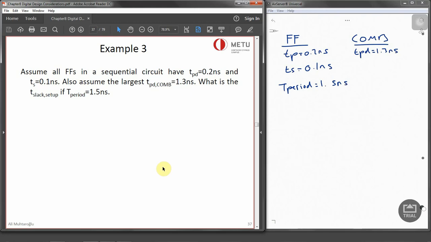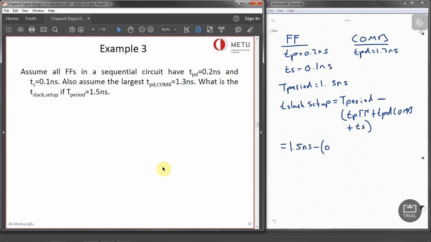Now, when we consider T slack setup, we need to have T period minus TPD of the flip-flop plus TPD of the combinational logic plus T setup of the second flip-flop. So now we can say that 1.5 is our period minus TPD of the flip-flop, which is 0.2 nanosecond, plus TPD of the combinational logic, which is 1.3 nanosecond, plus the setup time, which is 0.1 nanosecond.